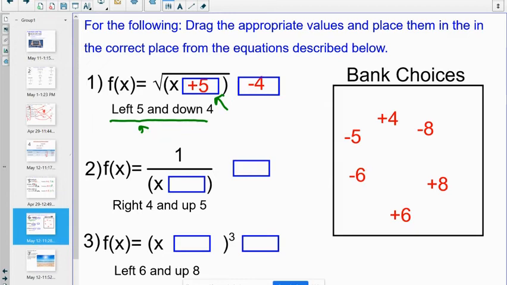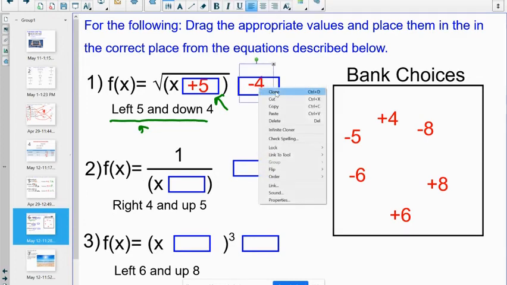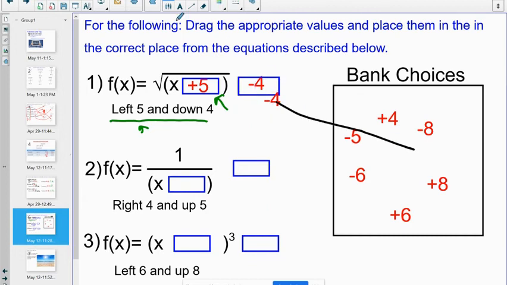Now for the second one, we have our rational equation. We have that fraction, so we have a horizontal shift, which is on that denominator. So we're going right 4, and since it's right 4, I just realized we can duplicate this right now.